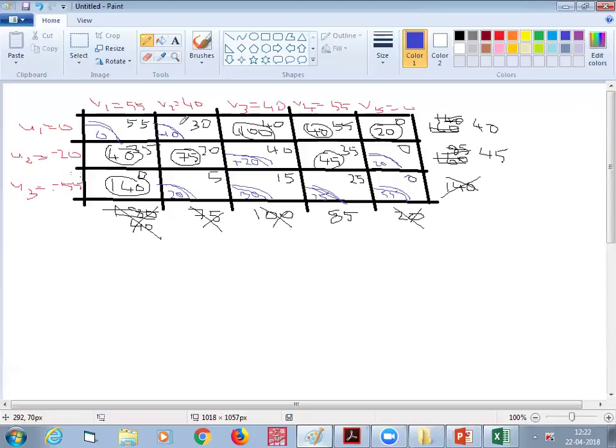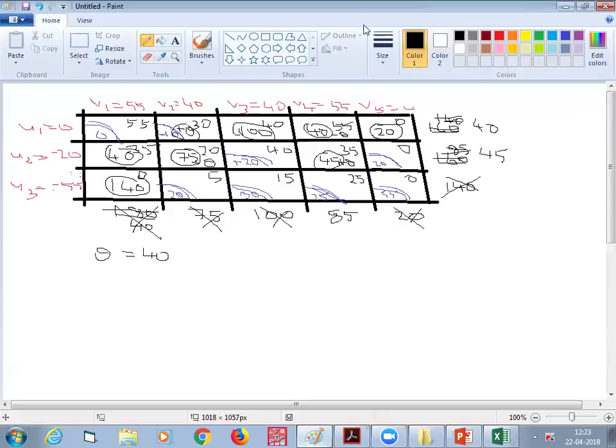The chain for this is this cell with these 4 cells here. So plus theta here, minus theta here, plus theta here, and minus theta here. If I look at the minus theta cells, theta has to be equal to 40.